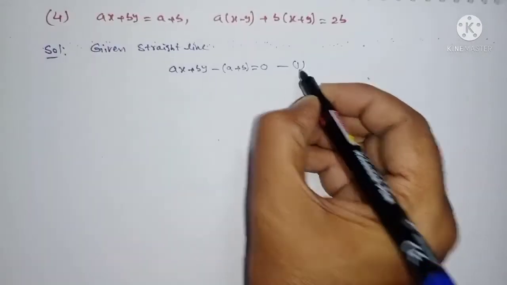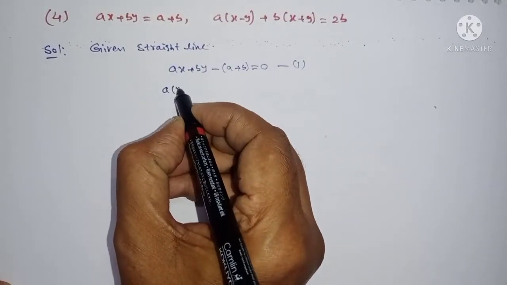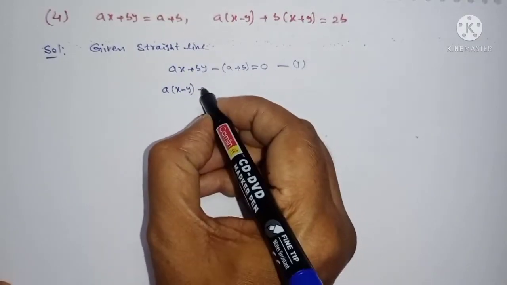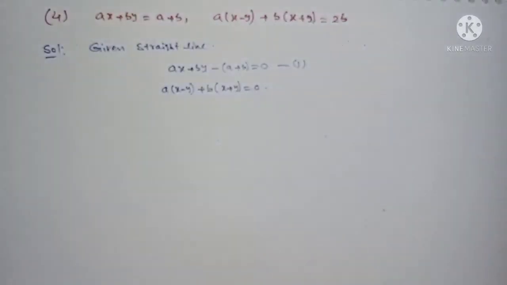This is equation number 1. And ax - y + b(x + y) = 0. This is not a standard form. You can reduce it to the standard form.